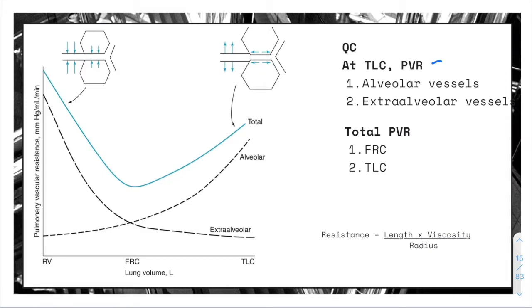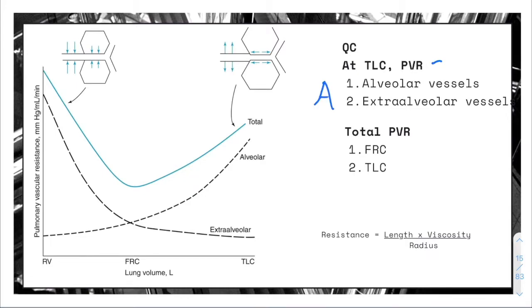Based on the graph, you would note that the alveolar vessels have a higher pulmonary vascular resistance at TLC. So the answer here is A.